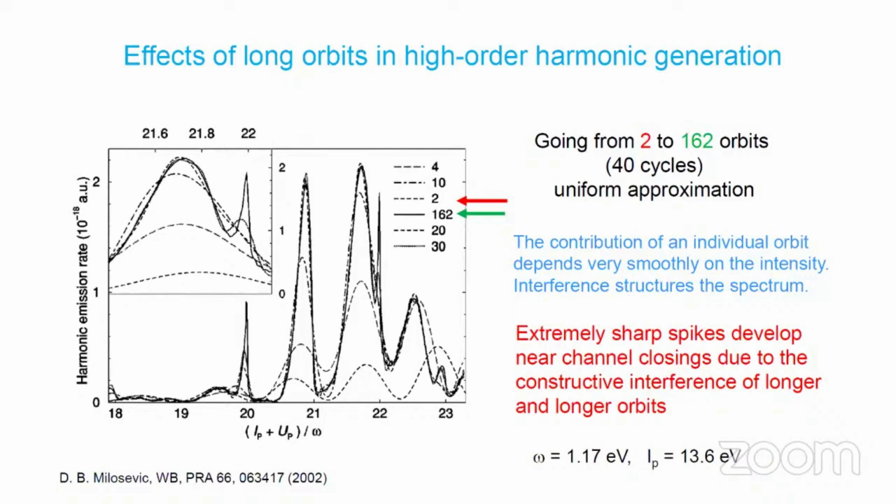If you only take 2 orbits, you get this here, a mild oscillation, and the more orbits you take, the higher it rises. An implication is that 162 cycles are needed for this effect to be seen. Apparently the driving pulse has to be at least 160 periods long. If it's shorter, you won't see this.